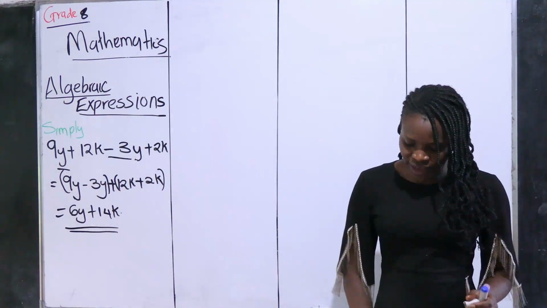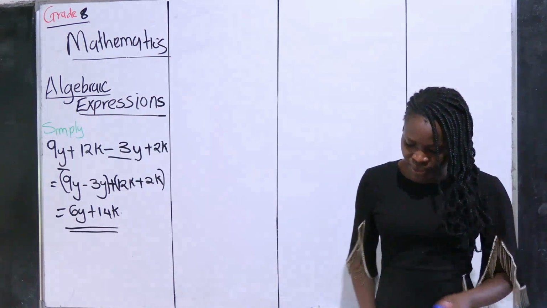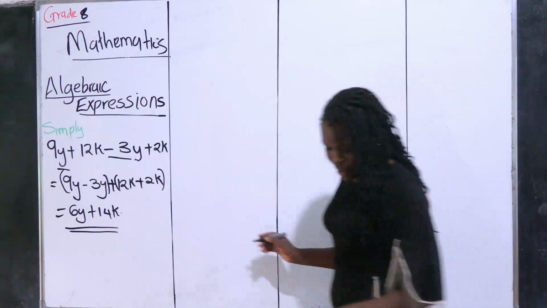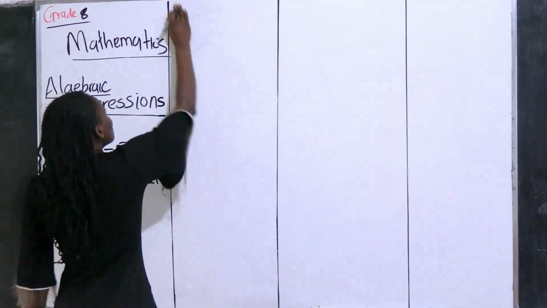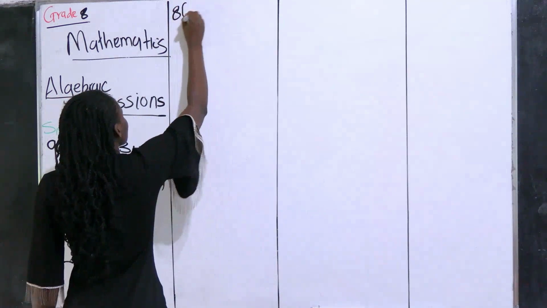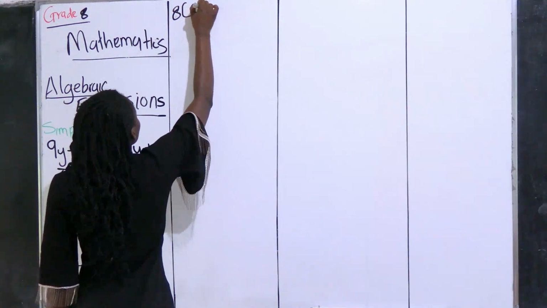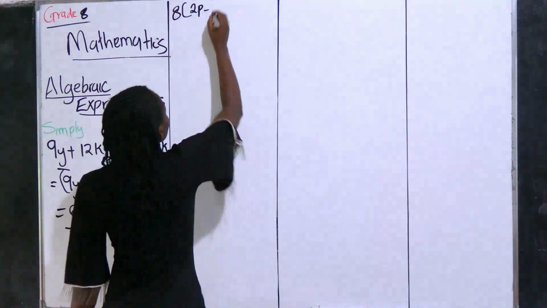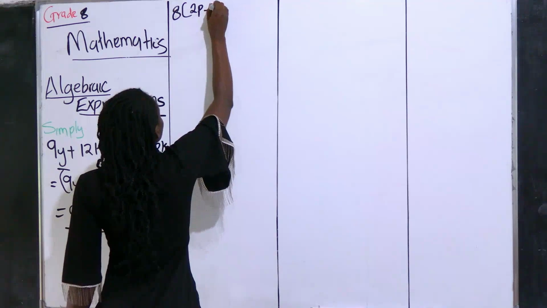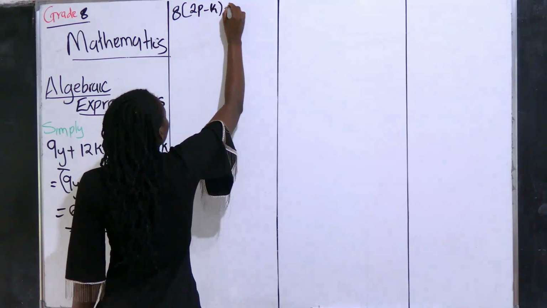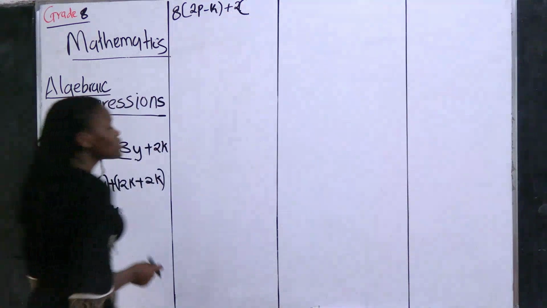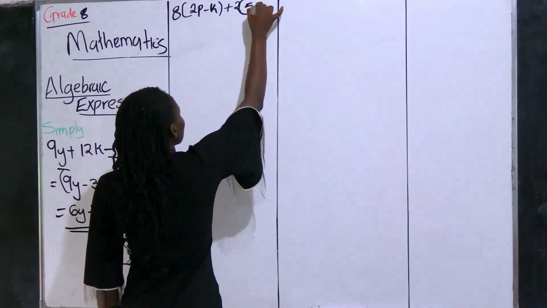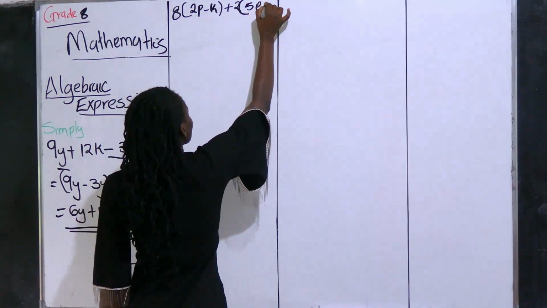The next one, we can be given a question like this: 8 into 2p minus k, plus 2 into 5p minus 3k.